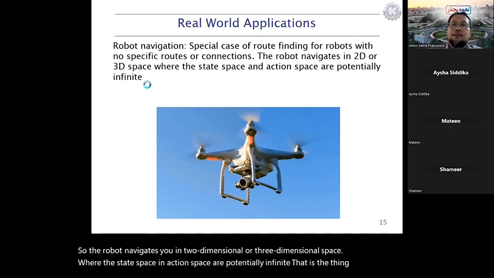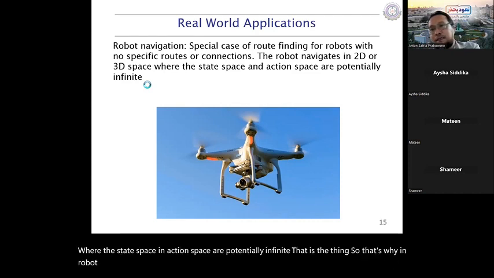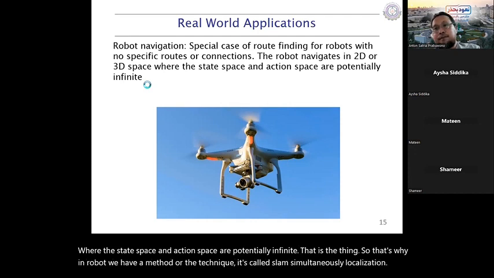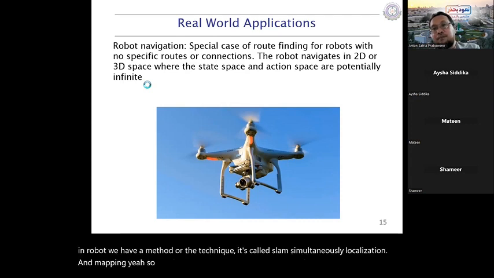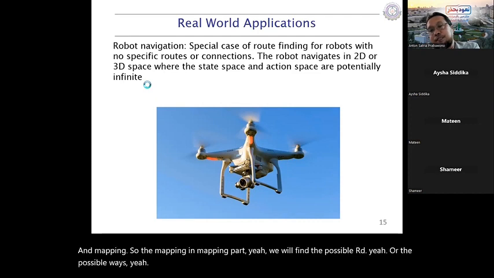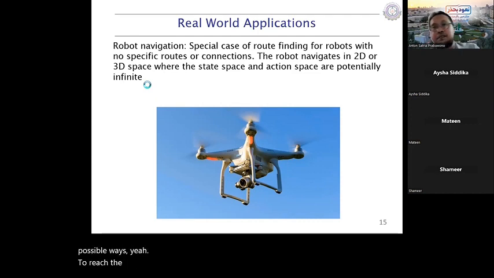So that's why in robotics we have a technique called SLAM, simultaneous localization and mapping. In the mapping part, we find the possible routes or ways to reach the objective, the final destination.